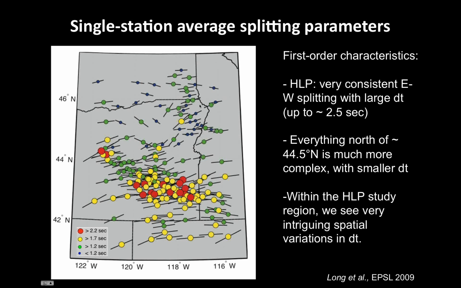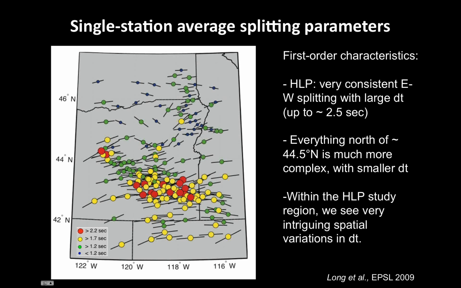As I said, everything north of about 45 degrees is much more complex, so I would certainly take these average fast directions with a grain of salt here. So we're averaging very complicated patterns. But within the HLP itself, the splitting is quite well behaved, and these average splitting parameters are very robust.